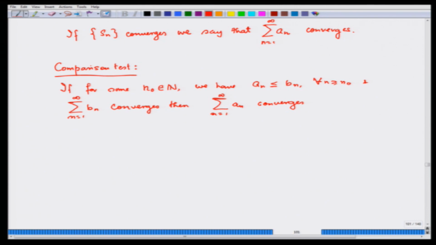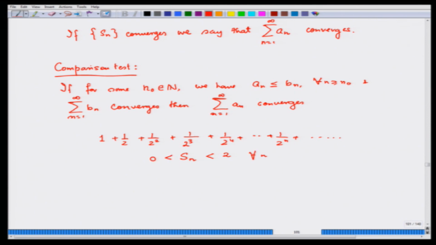Now, for example, consider this famous geometric series. Geometric series is something which you have already seen in high school. You can understand that S_n here must be less than 2; it does not matter, S_n should always be strictly less than 2 for all n.